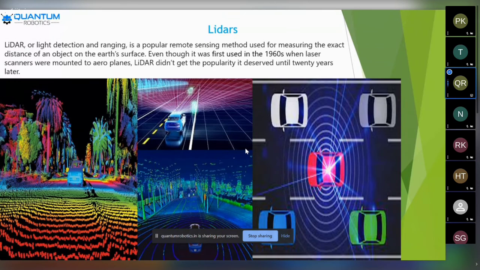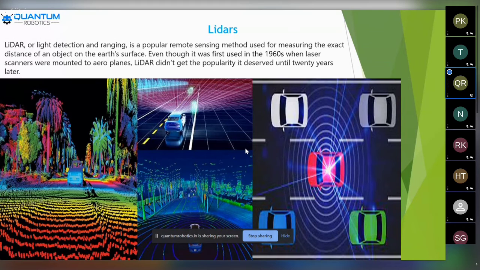How did they use this lidar sensor? They used it on aeroplanes to measure distance. Is another aeroplane coming near me or not, and how can I calculate whether any other object is coming near the aeroplane while it is flying in the air?